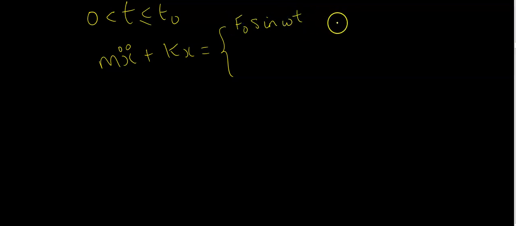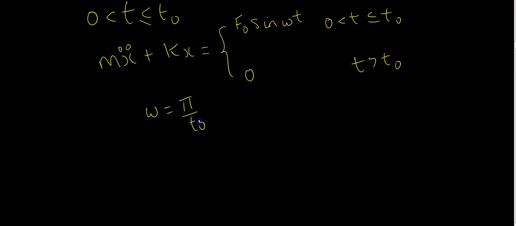We already saw, and you'll need to look back at the previous lecture, that the equation of motion is simply m x double dot plus k x equals F naught sine omega t for t less than or equal to t naught, and 0 for t greater than t naught. This is just written like this for completeness, and omega was equal to pi on t naught. Again, all these are things we discussed before.